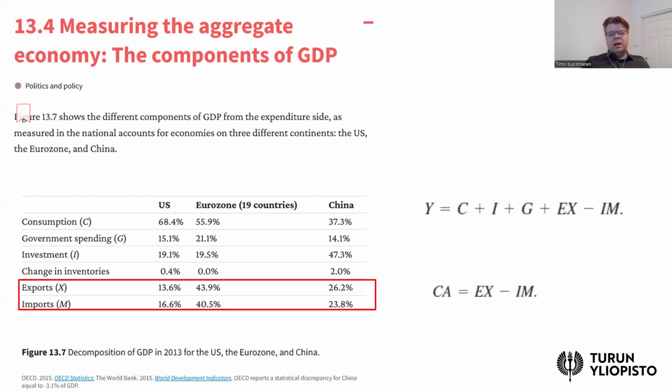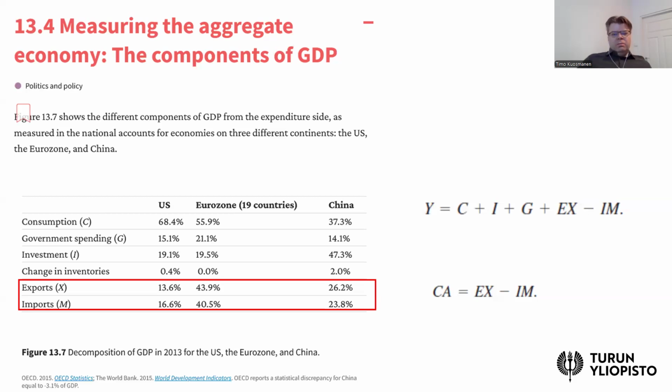This highlights that the Eurozone is much more dependent on global trade. For example, the threat of a potential trade war between the USA and China would, of course, also affect the Eurozone very much, because Europe is much more dependent on international trade, on its exports and imports.